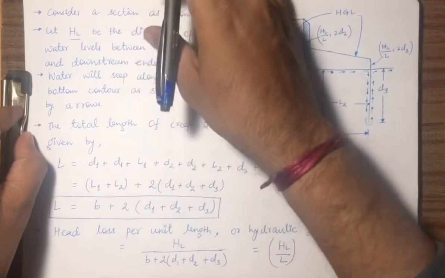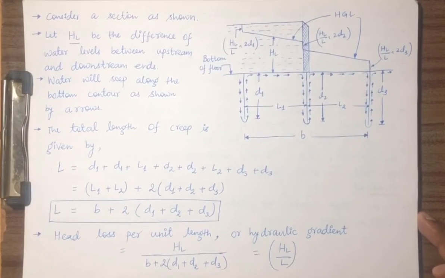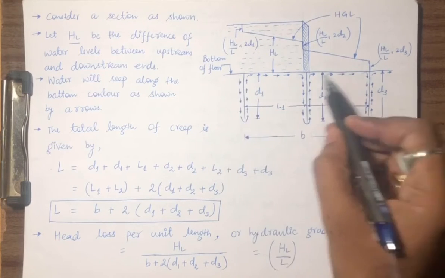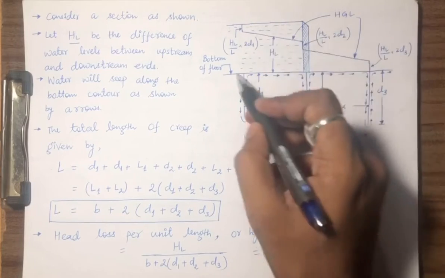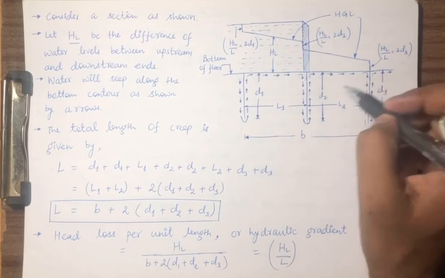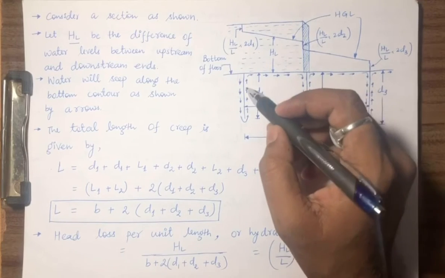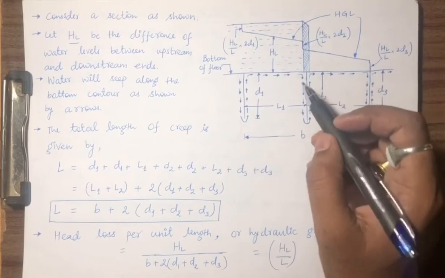So let us see how Bligh has calculated the length of the creep. This is a foundation, this is the structure, and water is being stored here, and these are the piles which are made to provide strength to this structure.